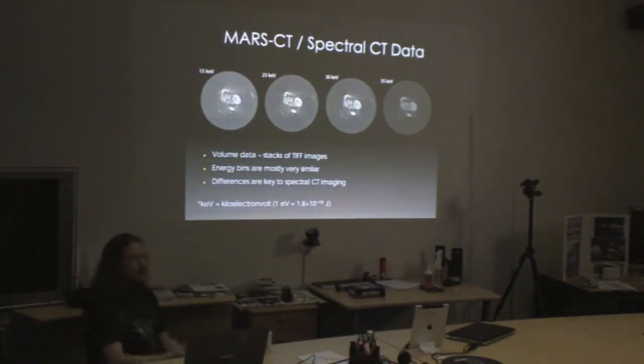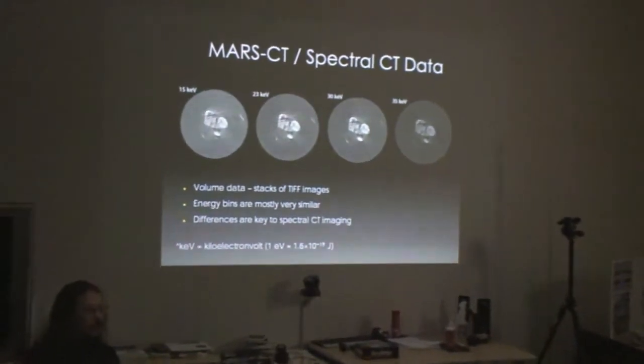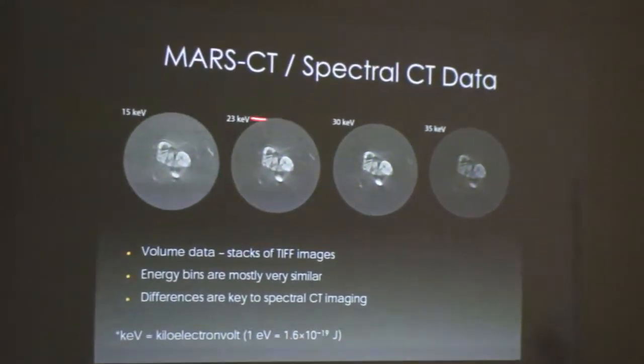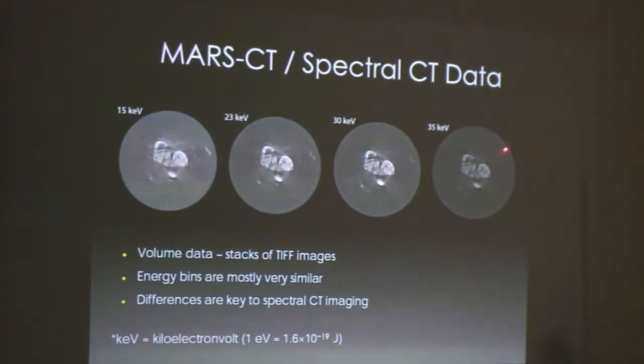So here is an example of a single slice through a mouse's abdomen. Now, these are the different energy bins, so these are your color channels. They describe the same physical slice through the mouse, but you see slightly different things. Because, as I've said before, materials respond in different ways.